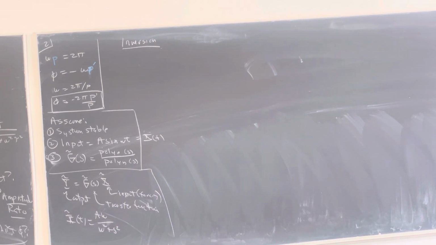If the poles are simple, then I'll just get terms that look like this. If they're multiple poles, then instead of m1 over s minus s1, we had a sum of terms that were coefficients over s minus s1 to a power. We invert those, and instead of just getting exponentials, we get t to a power times exponentials.